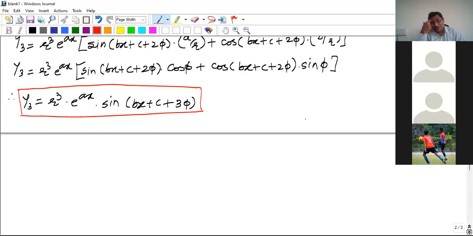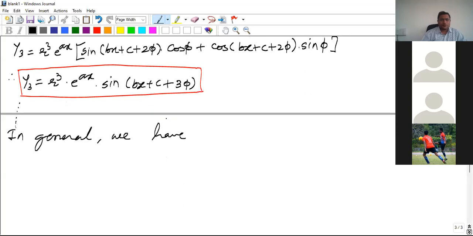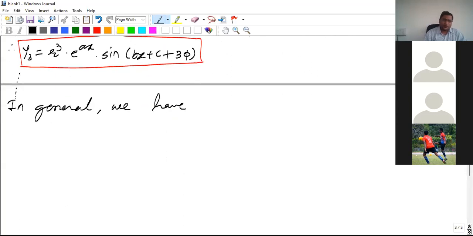Now, can we generalize this? Yes, sir. So we can generalize this. And proceeding in this way, what we have in general, yn is equal to r raised to n e raised to ax sine of bx plus c plus n phi.